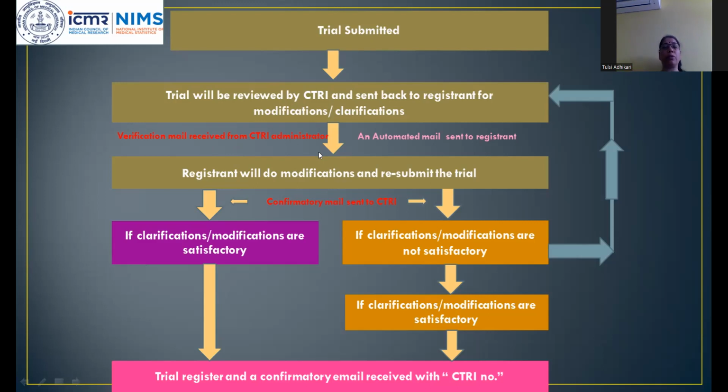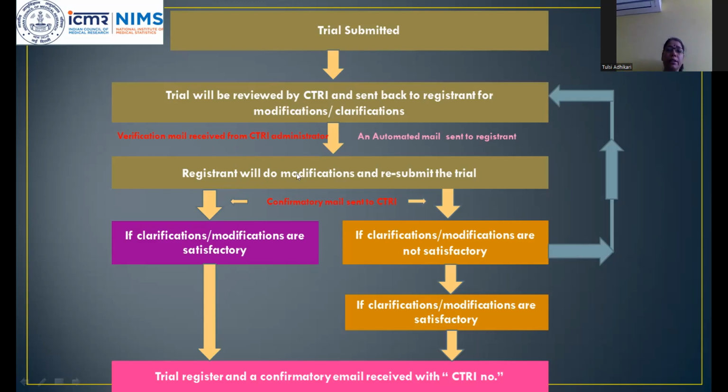In a later stage, if someone wants to contact you with the given email address or telephone number, will they be able to contact you correctly or not? That we verify first. Once you reply to that verification mail, then we move forward.